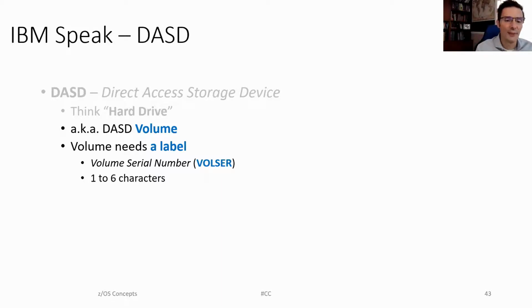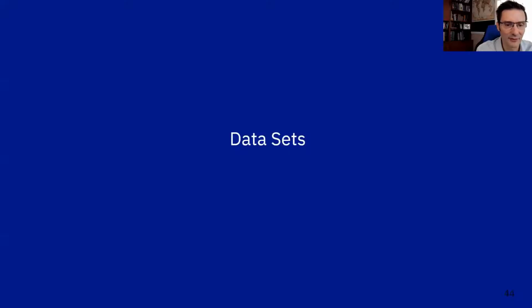There's a 1 to 6 character name that represents which disk your files are going to be stored on. Just think of that as the vol ser. They don't usually say volume serial number, they just call it vol ser.